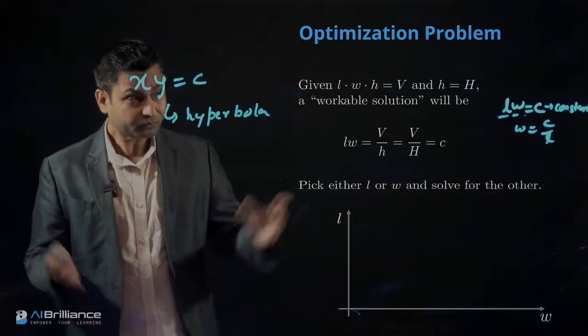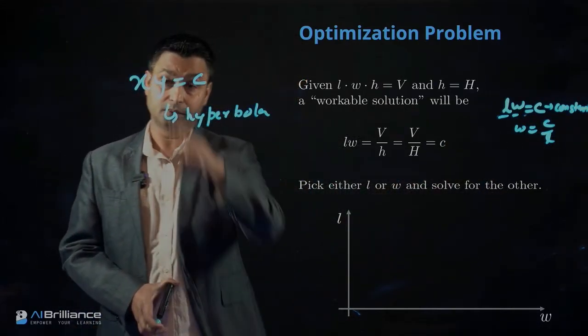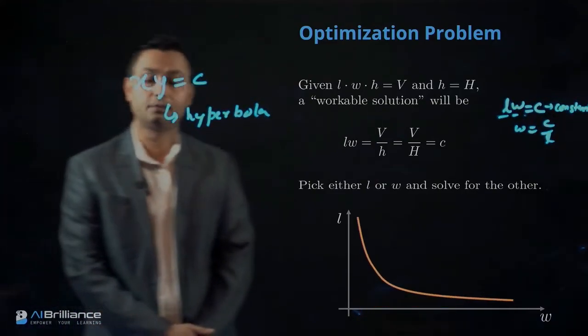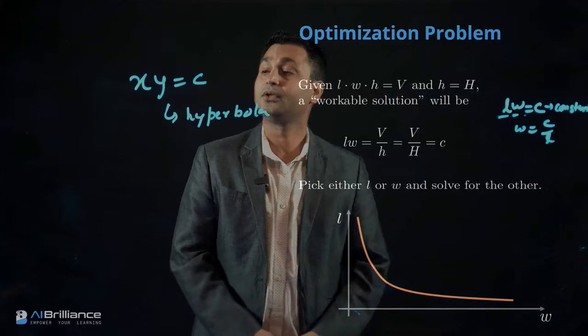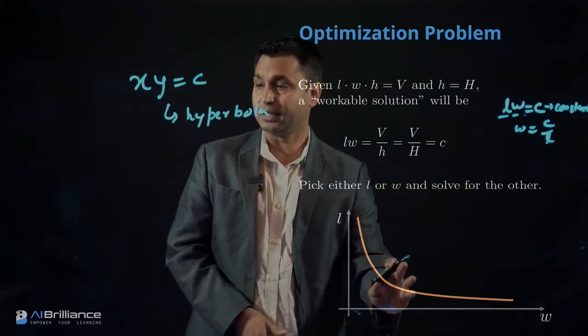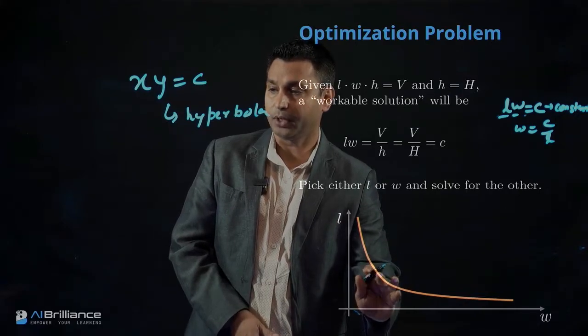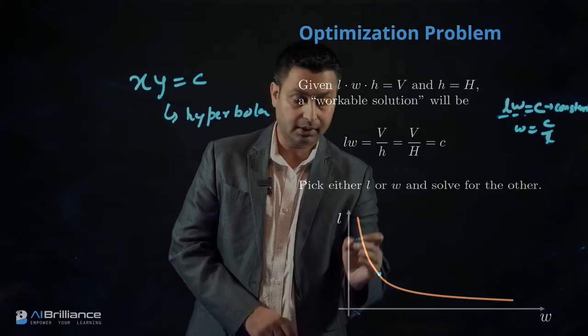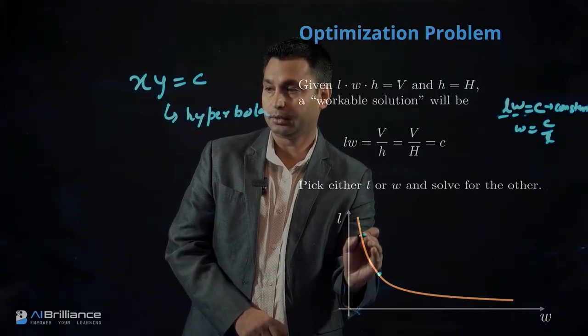So if we look at the geometrical nature of this equation, you will see this gives me this hyperbola. And the solution to this equation is that I can take this graph and pick any point, right? For example, I can pick this point on the graph. That is one solution. I can pick another point on this graph which is here.